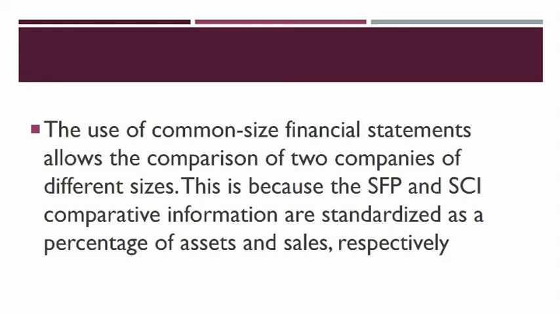This is because SFP and SCI comparative information are standardized as percentage of asset and sales respectively, which means that if you wanted to compare a small-scale business to a large-scale business, for example, pagdating sa gas station na meron tayo, pwede mo ikumpara si Shell kay Flying V, which is, alam naman natin na si Shell is the big three pagdating sa oil industries in the Philippines. Tapos si Flying V, parang sila yung mga second ranking. Pero by the virtue of percentage, equal mo silang nakikita.